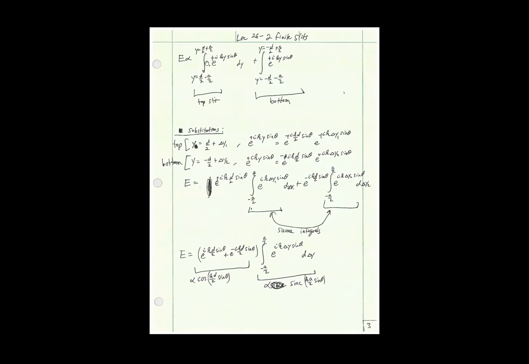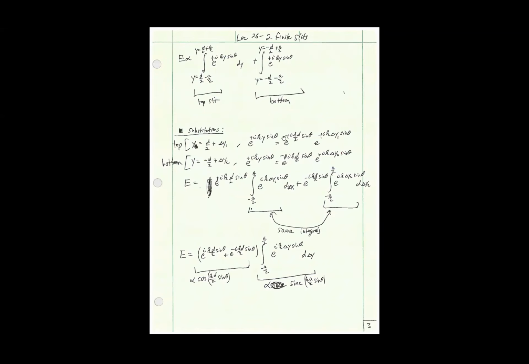We're adding up these two integrals, which look just like the integral we did a little while ago earlier today. But let's make some substitutions. Let's say that in the top slit, y equals d over 2, the center coordinate, plus delta y1. And in the bottom slit, y equals minus d over 2, the center coordinate, plus delta y2.